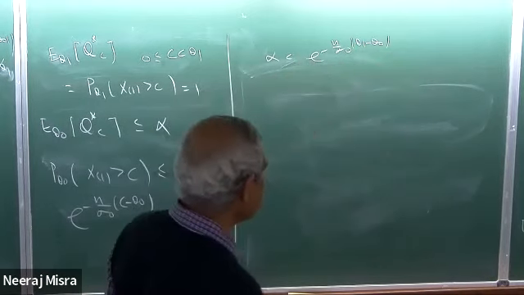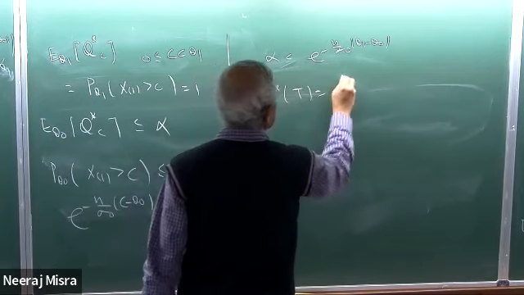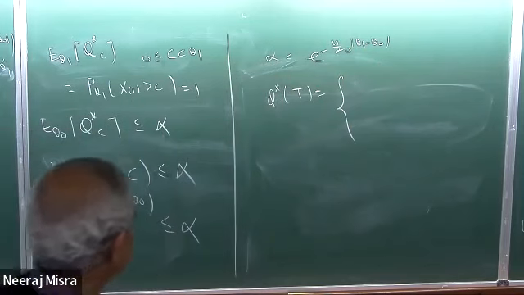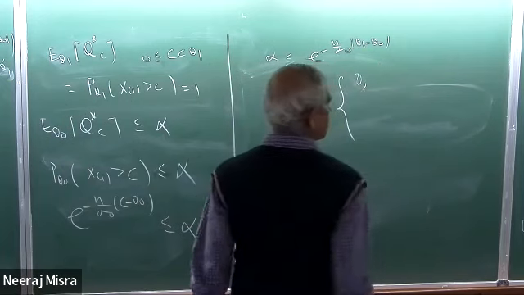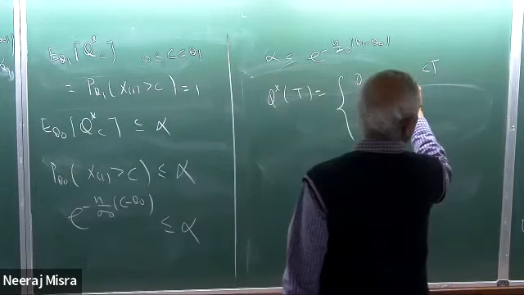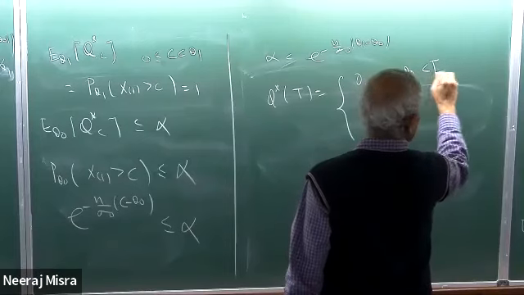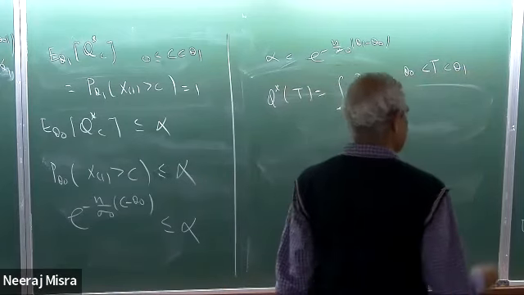What is phi star in this case? It is 0 if t is between theta naught and theta 1, and gamma if t is bigger than theta 1.